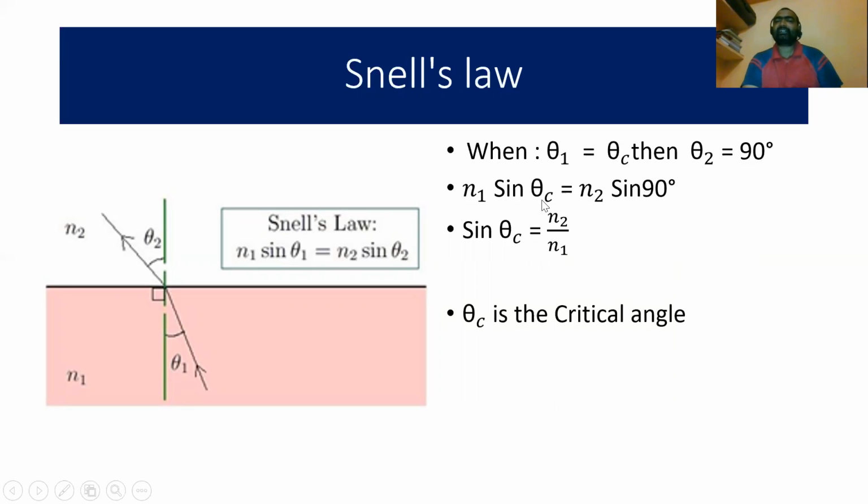From this we can write sin theta c equal to n2 by n1, or theta c equal to sin inverse of n2 by n1. So we can find the critical angle between the two mediums by using the formula theta c equal to sin inverse of n2 by n1. We only have to know n1 and n2, the refractive index of the core and the refractive index of the cladding, or the refractive index of the denser medium and the refractive index of the rarer medium.